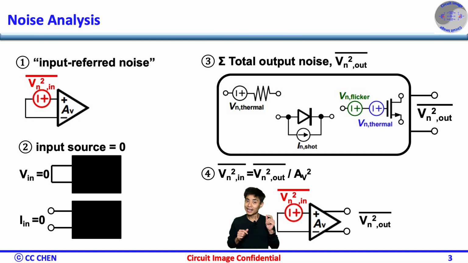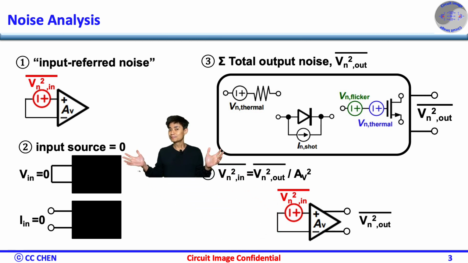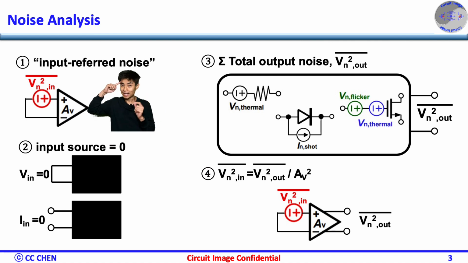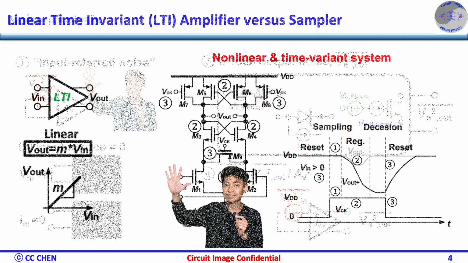If we are doing an AC noise simulation in SPICE, those procedures will be exactly what the simulator calculates for the noise of your circuit. Can we apply the same AC noise analysis to the strong-arm latch sampler? Think about the amplifier noise image for 5 seconds. Bingo!